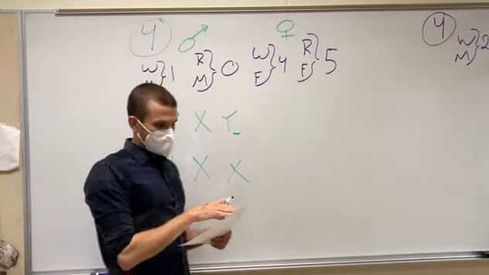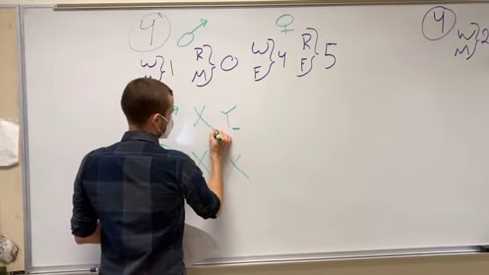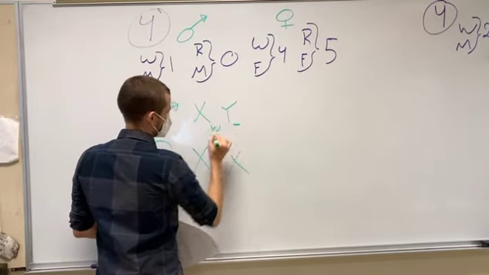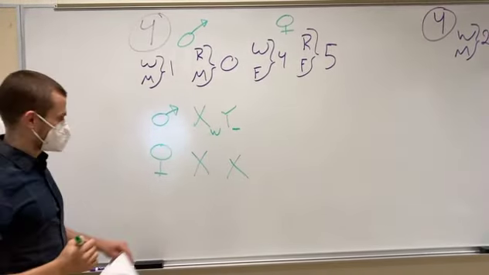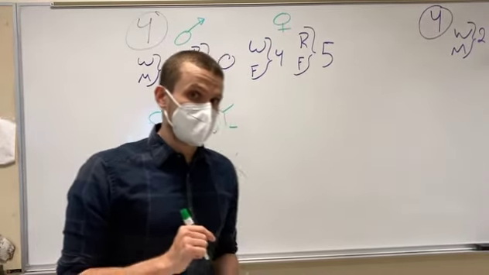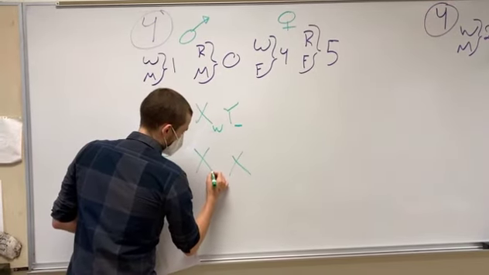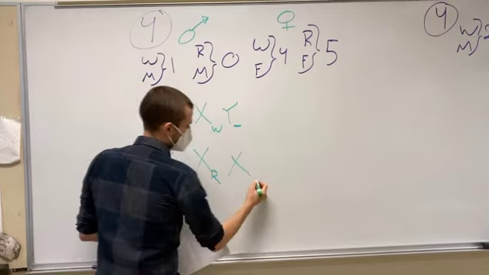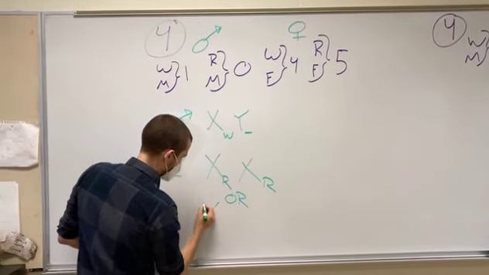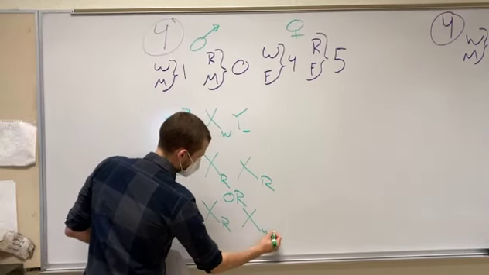Now it says that our parental generation, the male is white-eyed. So let's go ahead and use an XW, Y. I should write this bigger. XW, Y. The female is red-eyed, but we don't know whether she's true breeding or not. So the female can be red-eyed, or the female can be red-eyed, white-eyed.